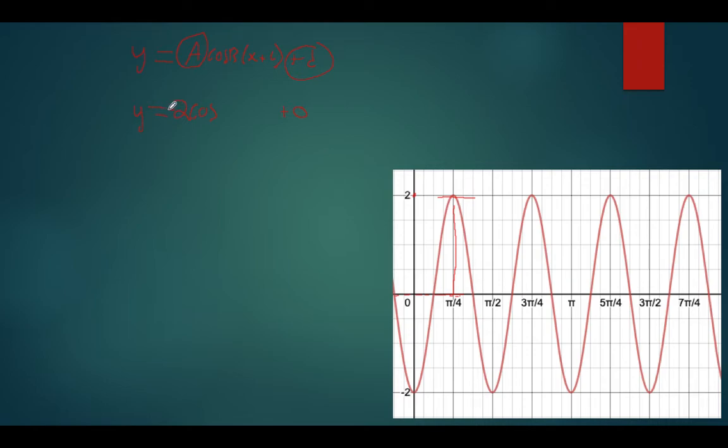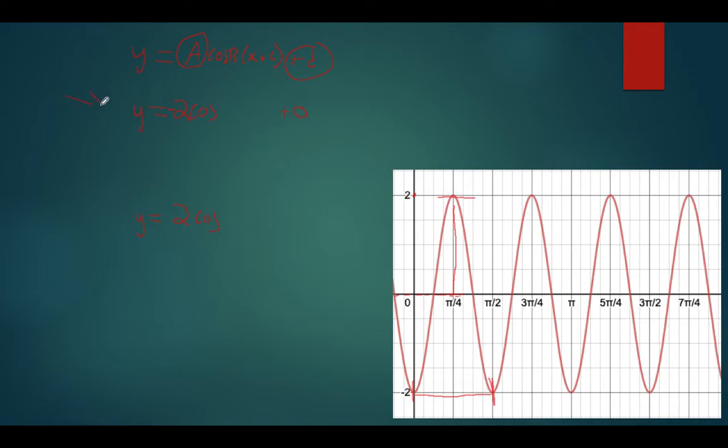So I'll do one with negative and one with the positive. 2 cosine. Well, if it's negative, then we don't even need to do a horizontal shift, because you start at your trough and then you go to your crest, then trough. So this would be one period right here.